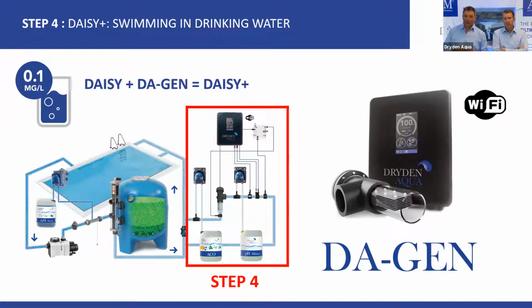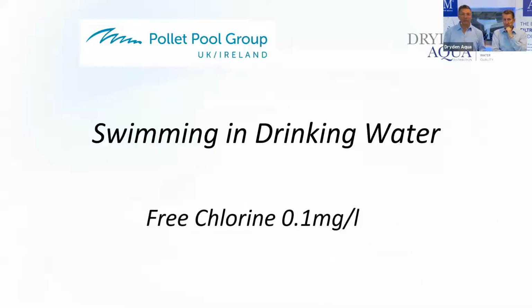Why 0.1? You can go higher, but 0.1 is the maximum value of free chlorine that you are allowed to have in drinking water. This is in Switzerland, in Germany, in Austria. Other countries are different. And this is what we see here.